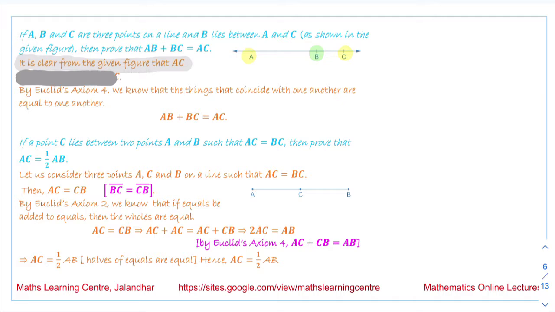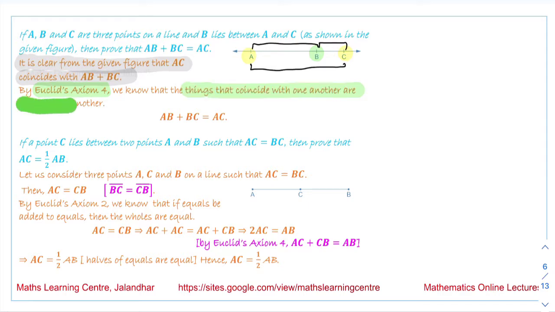AC coincides with AB plus BC, and Euclid's fourth axiom says that things that coincide with one another are equal to one another. So AB plus BC is equal to AC. We have used this figure to prove that.